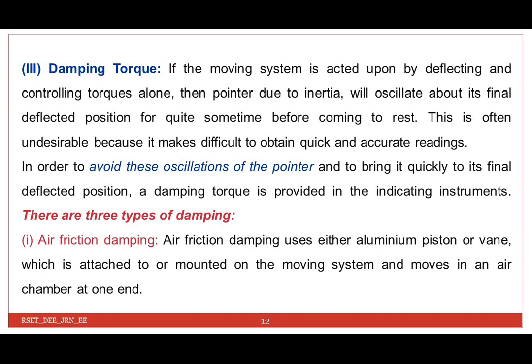There are three types of damping. You can have air friction damping. For air friction damping, it uses an aluminum piston or vane which is mounted on the moving system and moves in an air chamber at one end.